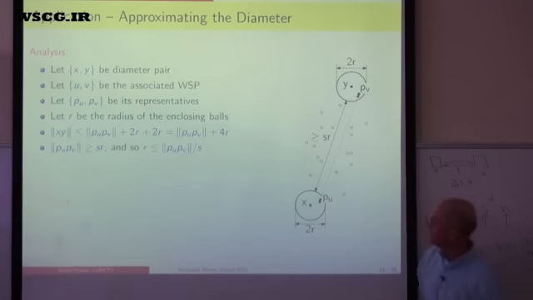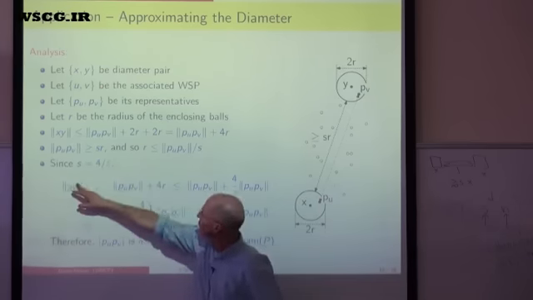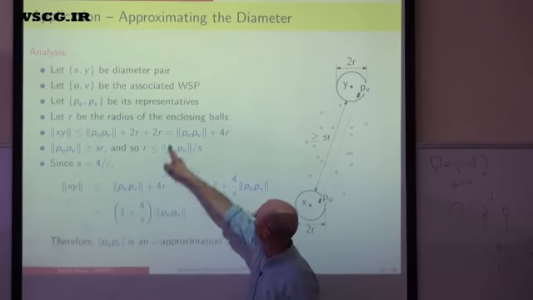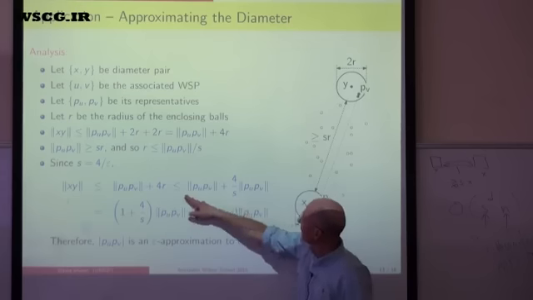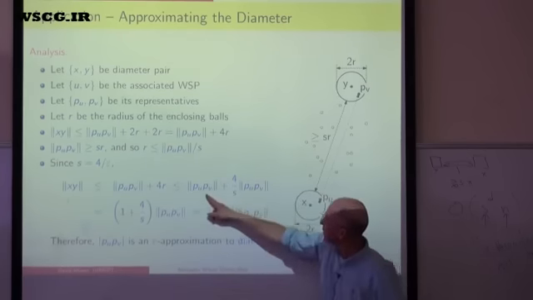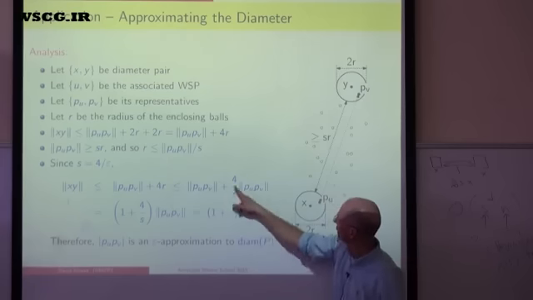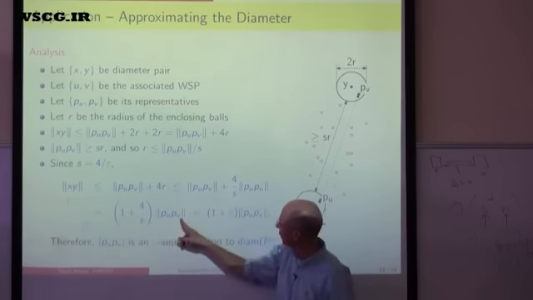And then if I combine these two inequalities, what do I get? I get xy less than or equal to pu pv plus 4r. But remember, r is less than or equal to pu pv divided by s. So this 4r becomes 4 over s times pu pv. Combining this, I get 1 plus 4 over s times pu pv.